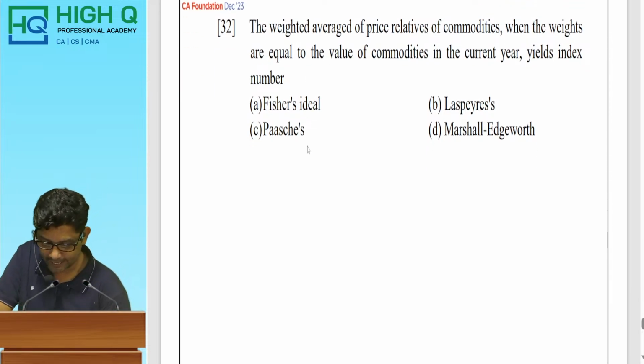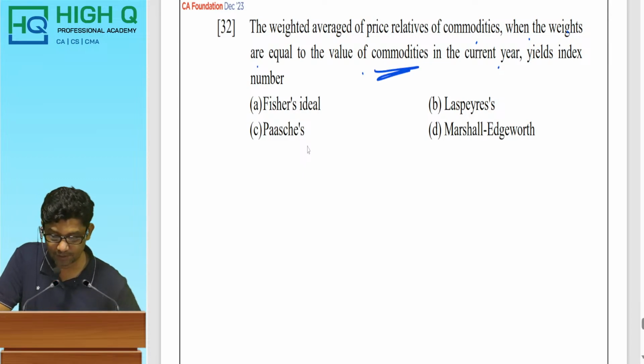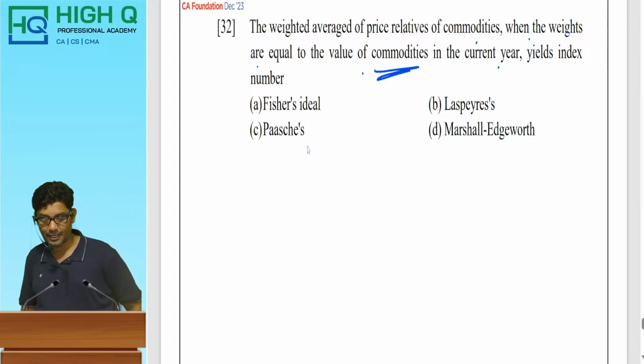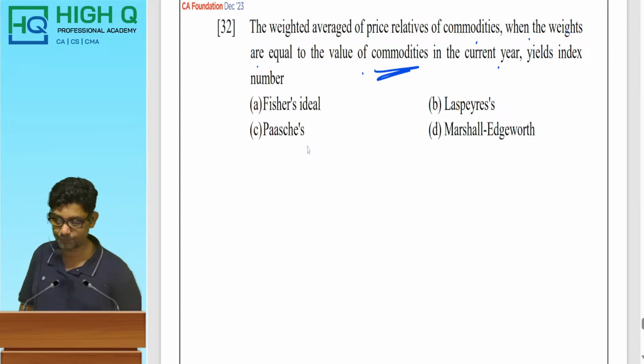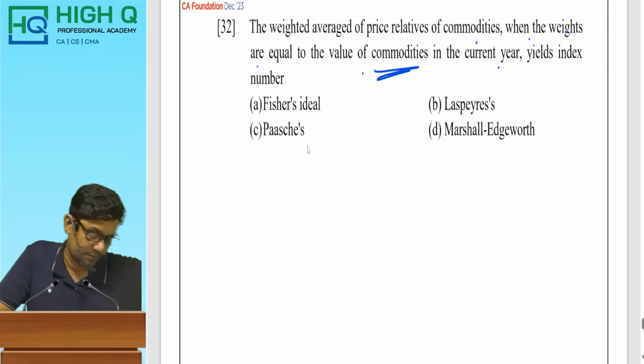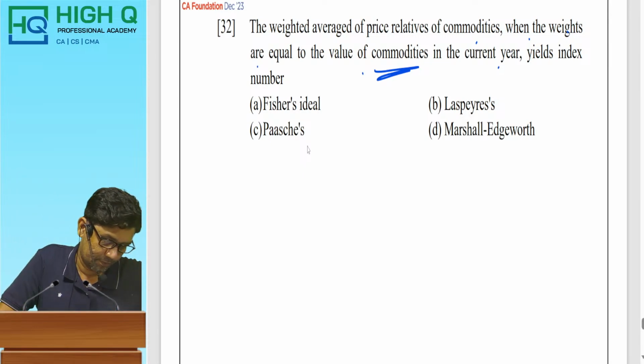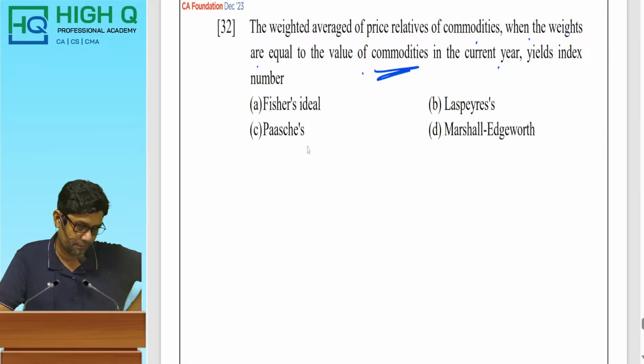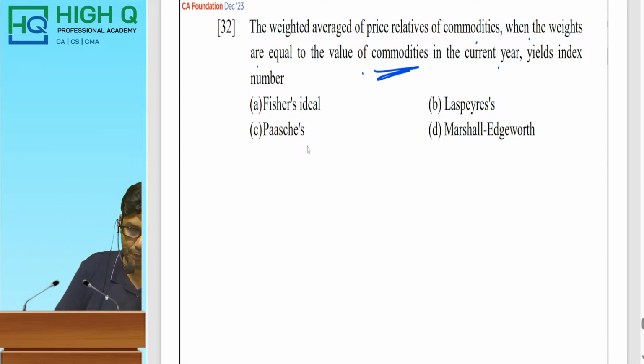Now, the weighted average of price relatives of commodities, when the weights are equal to the values of commodities in the current year, yields which index number: Fishers, Laspeyres, Paasche's, Marshall Edgeworth? See, think and give me the answer.